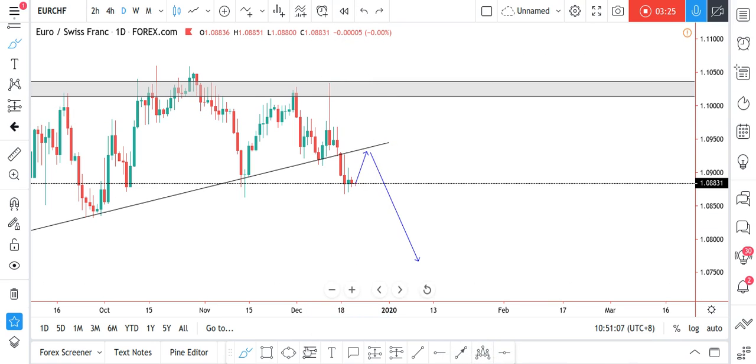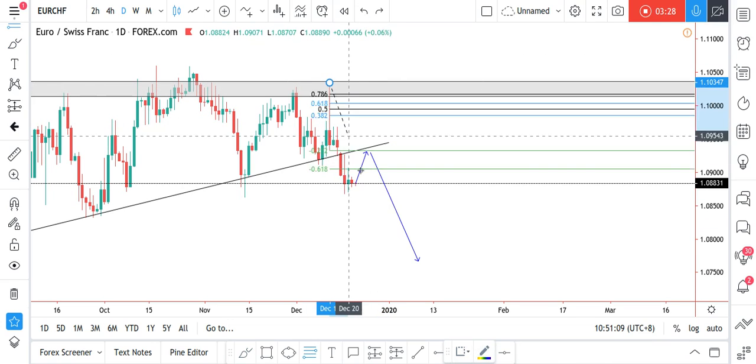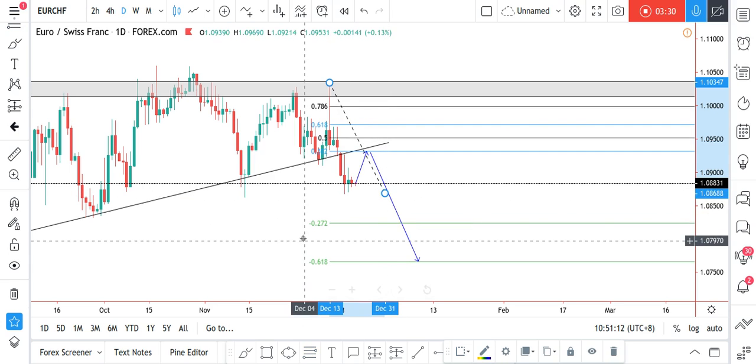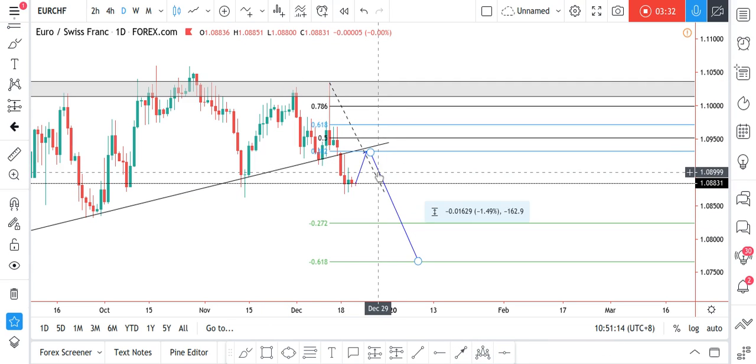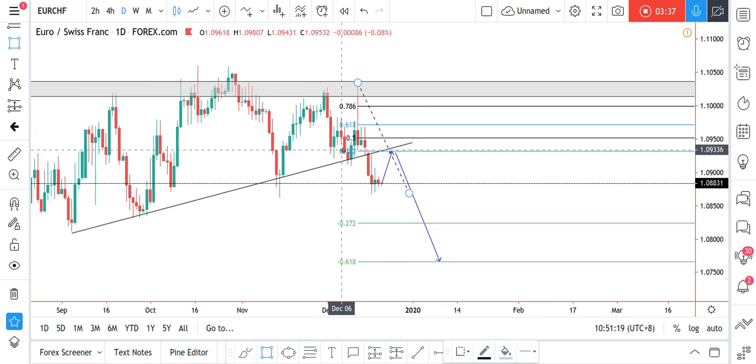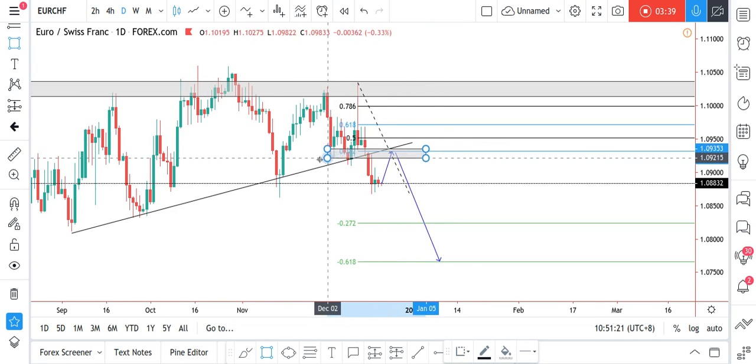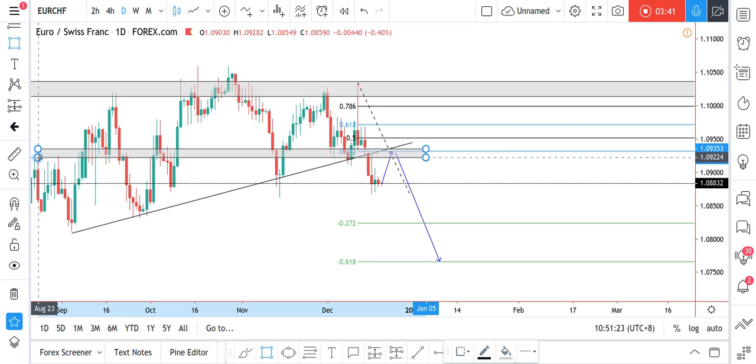Now let's take our Fibonacci from this high over here to this low over here, and you can clearly see that the market should retest the 38.2.